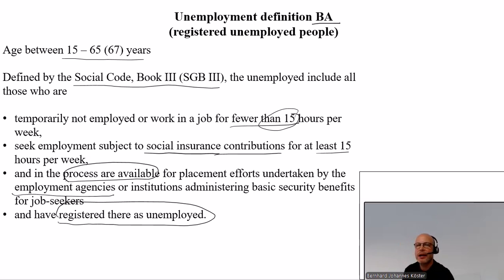But from an economic perspective, we would say that they are unemployed, but we will also come to this later on. So this is the definition of the, so to speak, official unemployment number, and these are then the registered unemployed people.